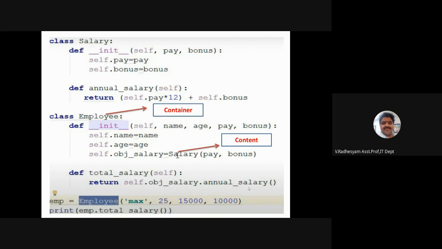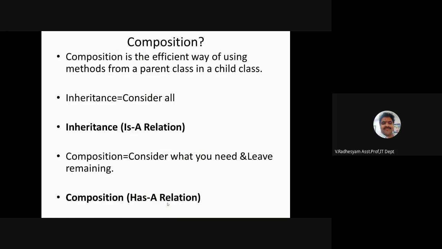So if you print this, you can get the Employee class. Based on that, we can compute the total salary. This concept is called composition, which is almost like inheritance, but has an extra feature: not having to use all the methods or variables.